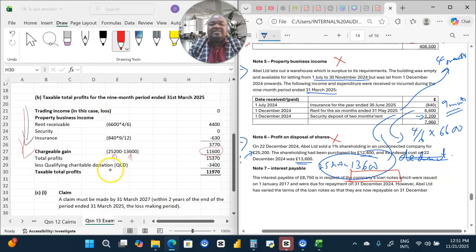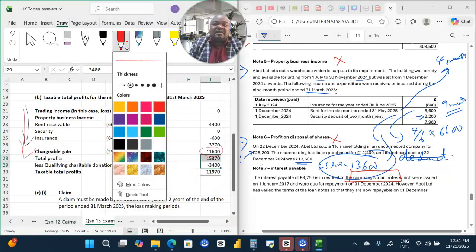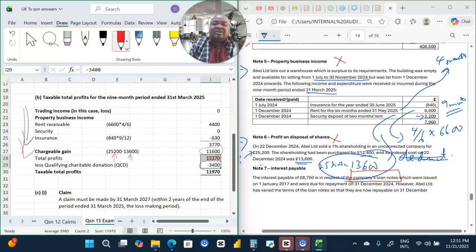Let's do the qualifying charitable donations. You can see that here now we have returned to our usual treatment of QCDs. The usual treatment of QCDs, we deducted them. All right? But do not forget that if you are required to compute the tax adjusted trading profit, you need to add them back.